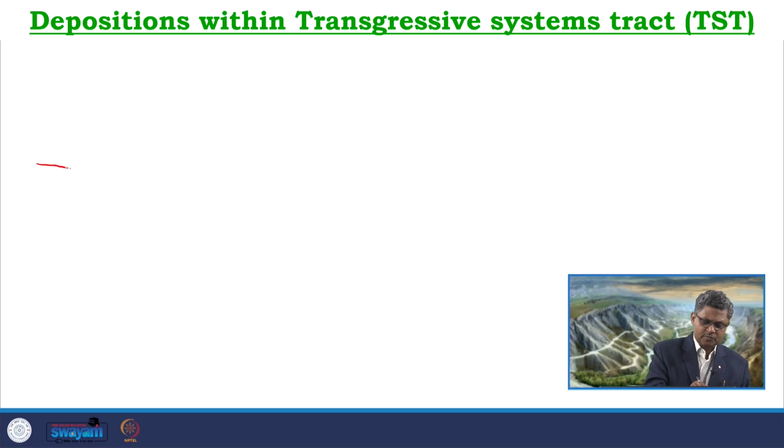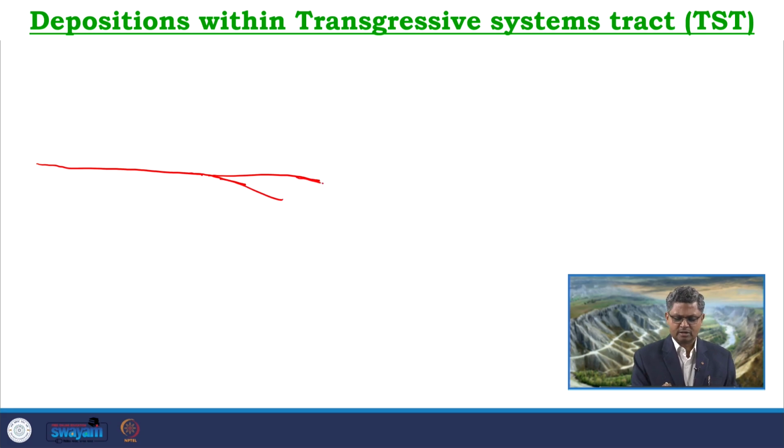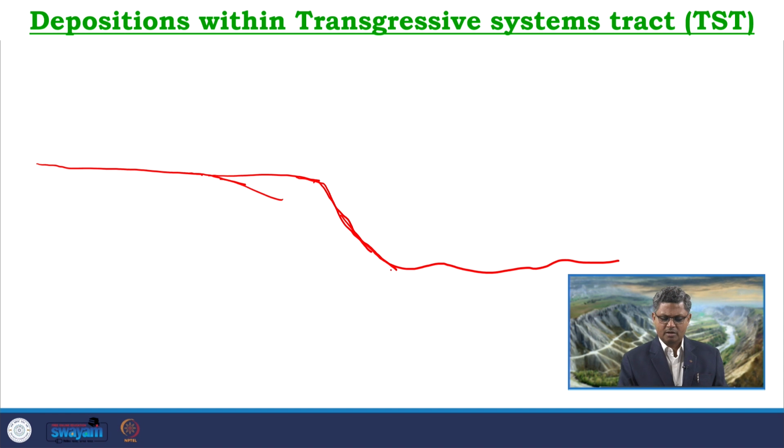This is the unconformity formed during the forced regressive phase, which has been covered by the normal regressive deposits, the normal regressive delta forming the shelf edge delta, and finally we get deposits in the deep basinal part in the form of low density turbidites during the end of the LST. This surface from here to here is the maximum regressive surface, and this part is the unconformity surface.